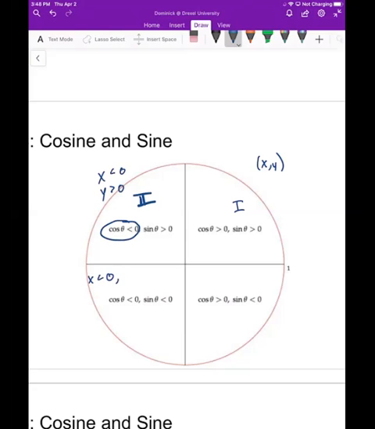Here they're both negative, so cosine and sine are both negative. And here, cosine is positive because x is positive, and sine is negative because y is negative. So that's one thing we can also pick up with the signs here.